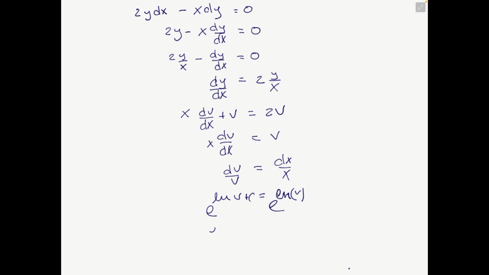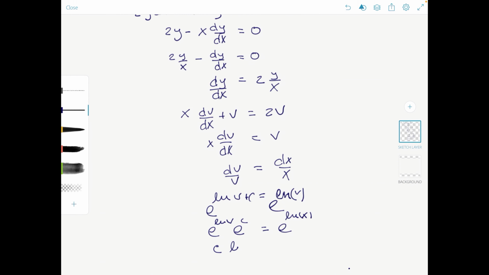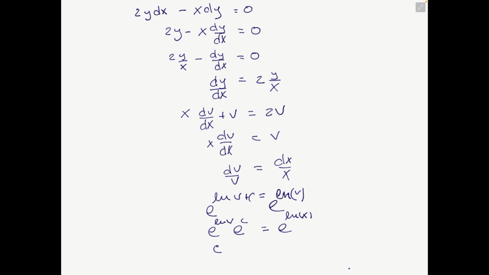Now this is e to the ln v, e to the c equals e to the ln x, so v equals x, with the constant c.